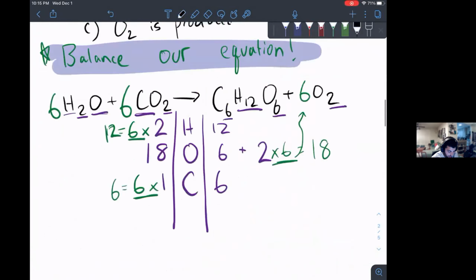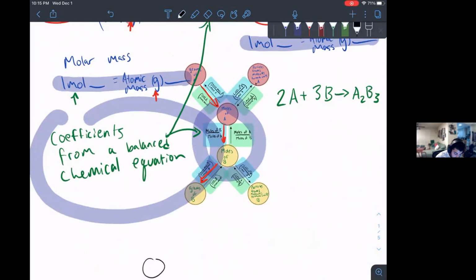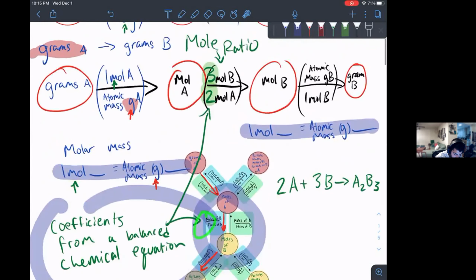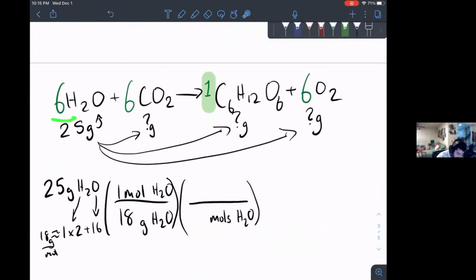And if we go all the way back to the first video, the coefficient from the balanced chemical equation is what's going to be our number right here. So we use the numbers from the coefficient. So I'm going to go to my balanced chemical equation, and I see that my coefficient is 6. So I actually know this is going to be 6 moles of H2O.